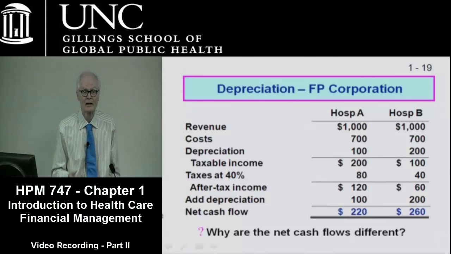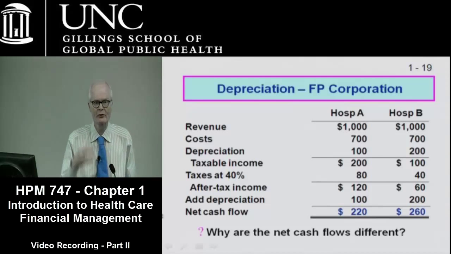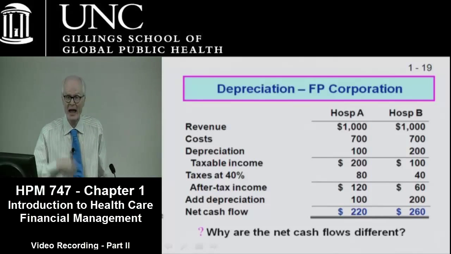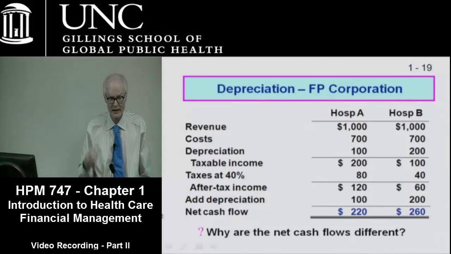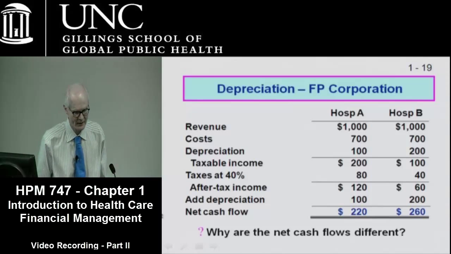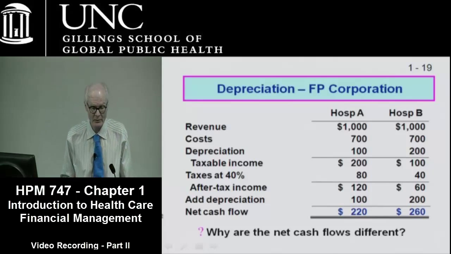But in fact, depreciation is a non-cash expense. So if we want to know what the true cash flow is to this organization, we have to add back in depreciation to get the net cash flow. So yes, Hospital B is less profitable from a taxation perspective, but in fact, it has greater net cash flow when we add back in depreciation.